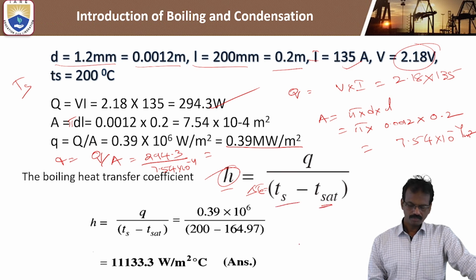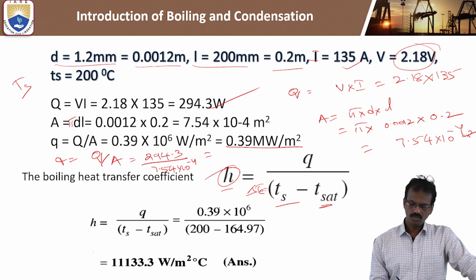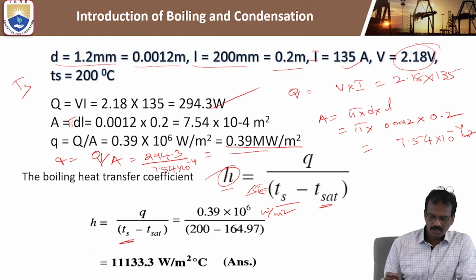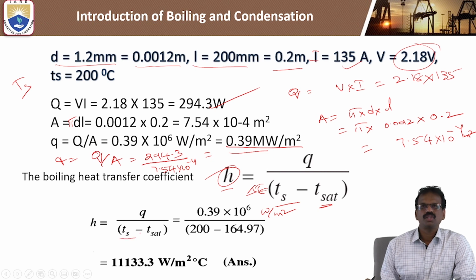First, the value of q is equal to 0.39 into 10 to the power of 6 watt per meter square. The solid surface temperature is equal to 200 degrees, which has been given.